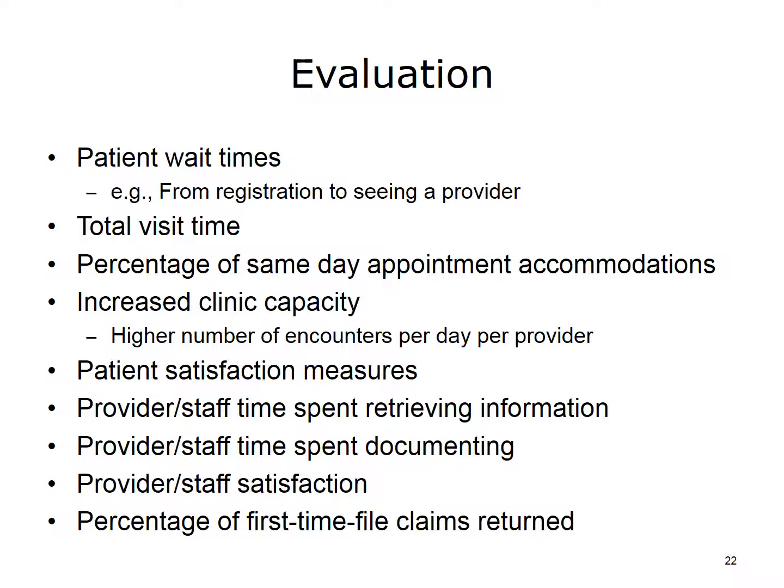Some examples of things that can be measured to evaluate a process change include patient wait times, for example, from registration to seeing a provider, total visit time, percentage of same-day appointment accommodations, increased clinic capacity, higher number of encounters per day per provider, patient satisfaction measures, provider or staff time spent retrieving information, provider or staff time spent documenting, provider or staff satisfaction, and percentage of first-time file claims returned.